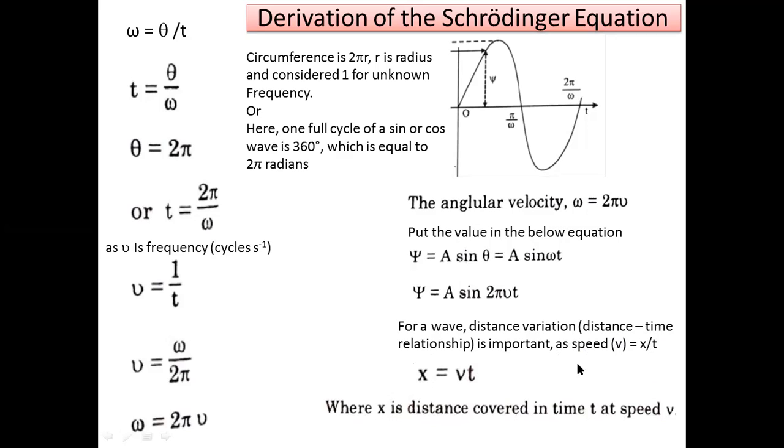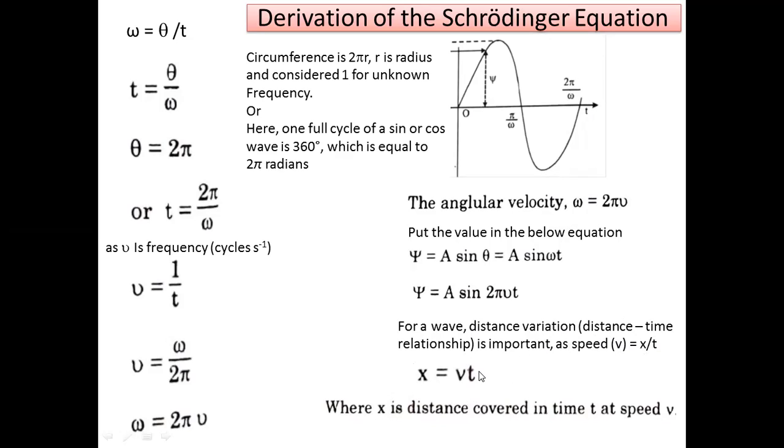These are very basic things. You must always remember what speed, velocity, and angular velocity are, and the other factors we have discussed in the case of the Schrodinger wave equation.